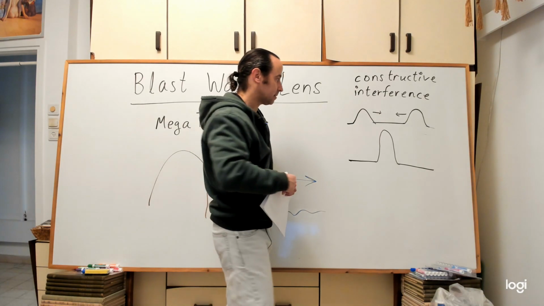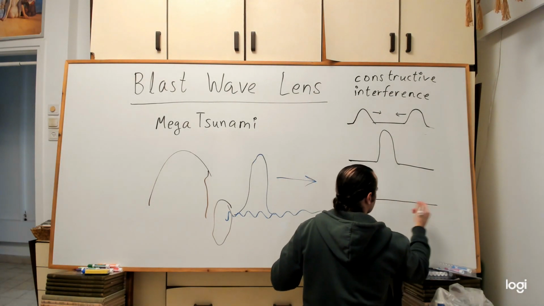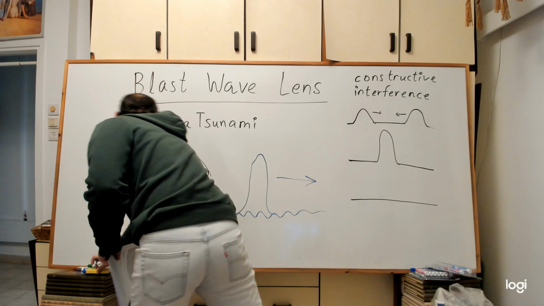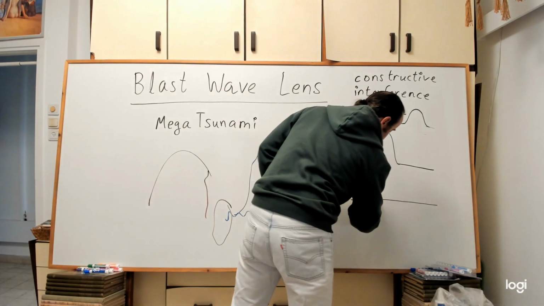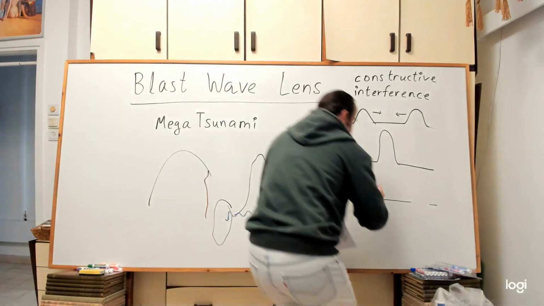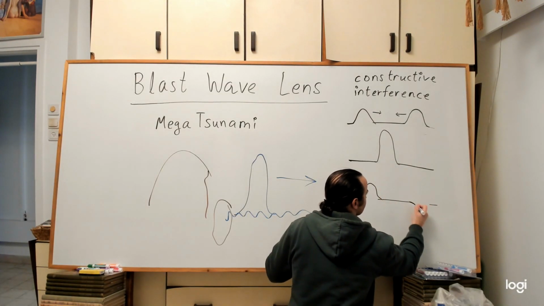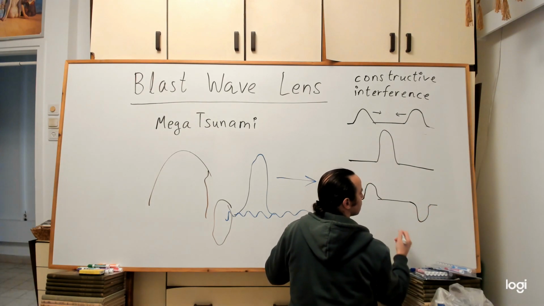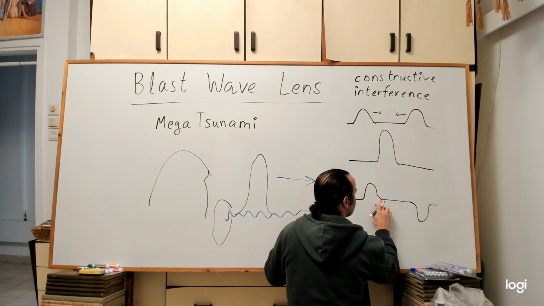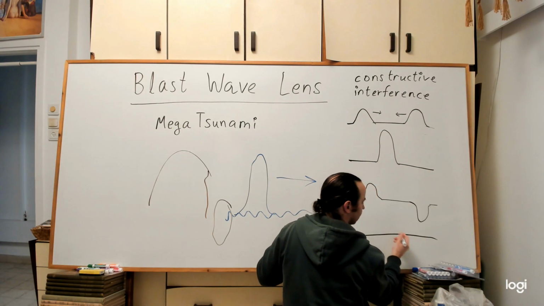Destructive interference is like that. It's another situation, the opposite situation. We have two waves, but they are not in the same phase. Here they are in opposite phase. So when they meet, they create nothing.